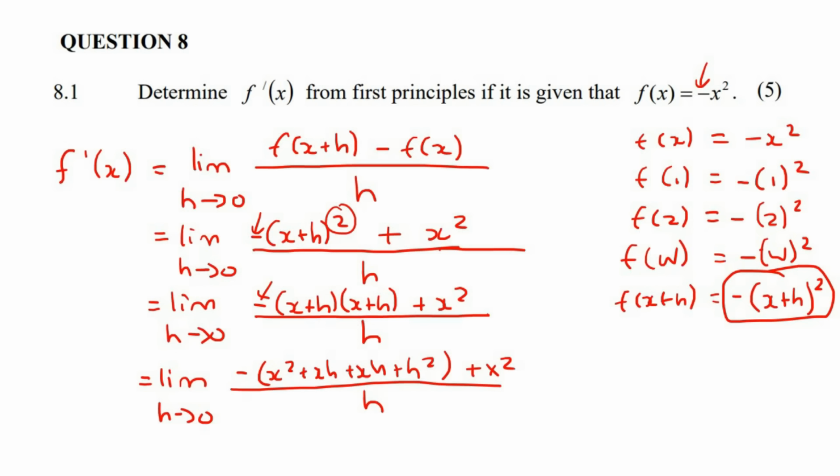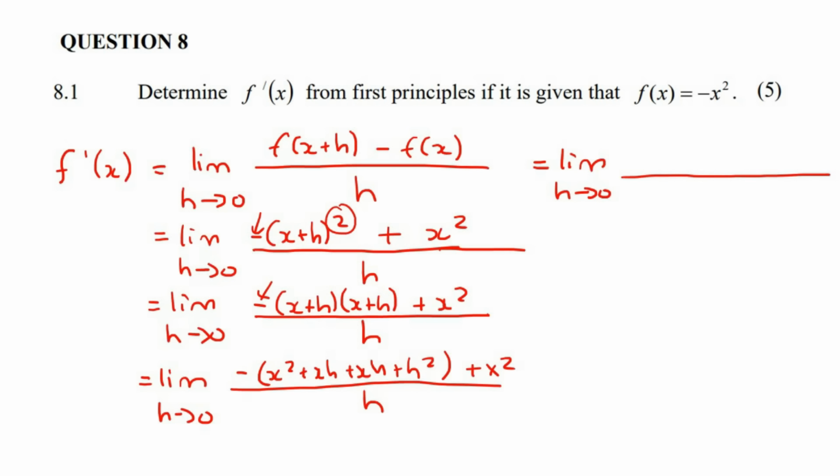Now in the next step, go put the negative into the bracket. You can also put these two together, so xh plus xh is 2xh. Okay, so that's going to become negative x squared, then negative 2xh, negative h squared, plus x squared, all over h. You've maybe heard me say this before, maybe you haven't, but at this step over here, when you've gotten rid of all of the brackets, everything that does not have an h should cancel.